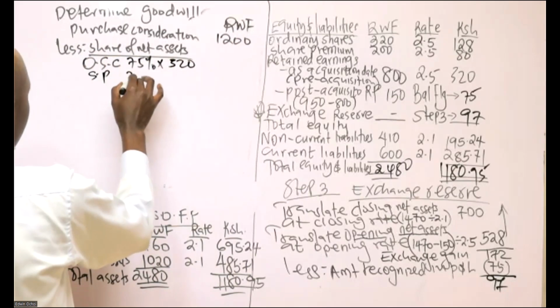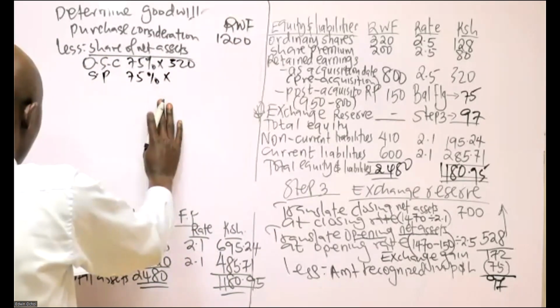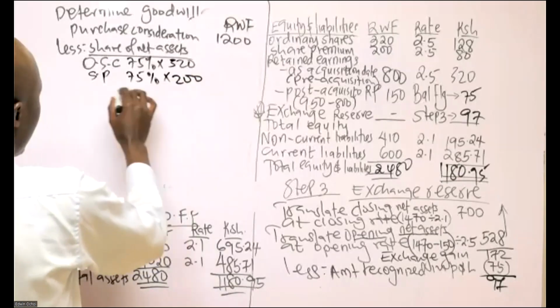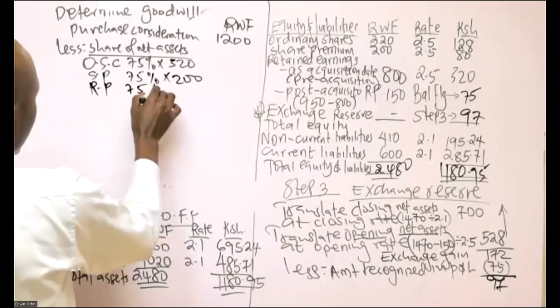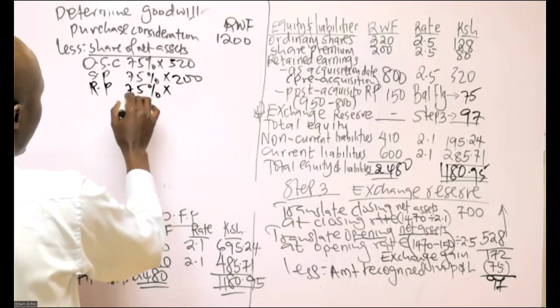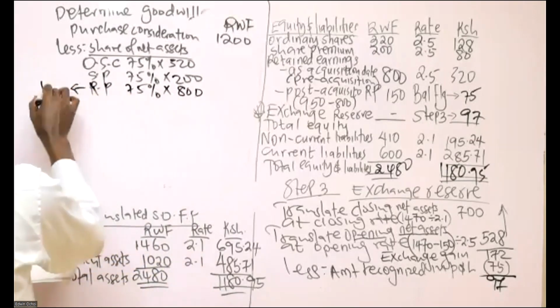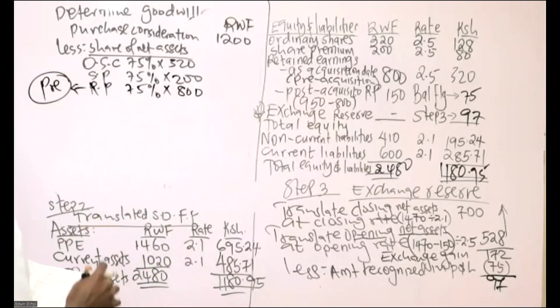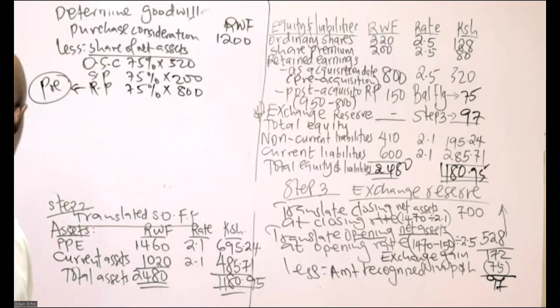Share premium, 75% of 200. Retained profit, 800. Retained profit has to be the pre-acquisition retained profit, the retained profit present at the time the subsidiary was acquired.